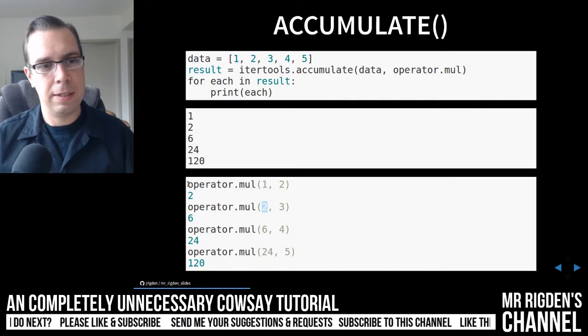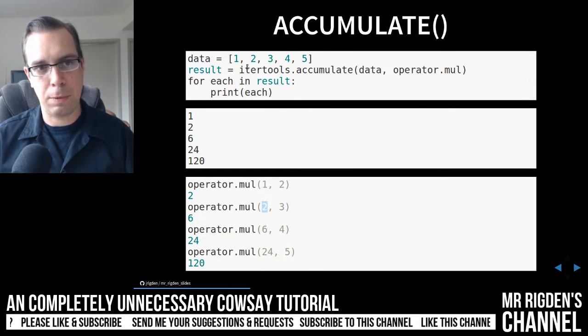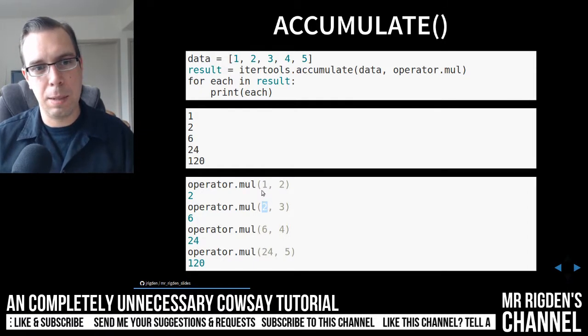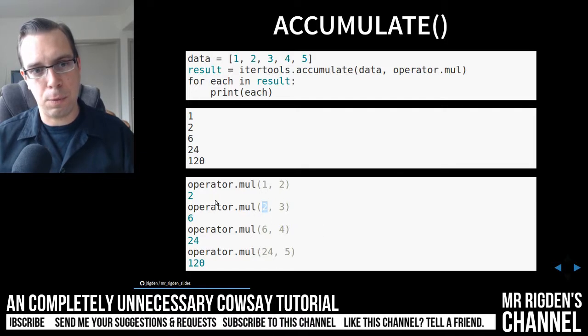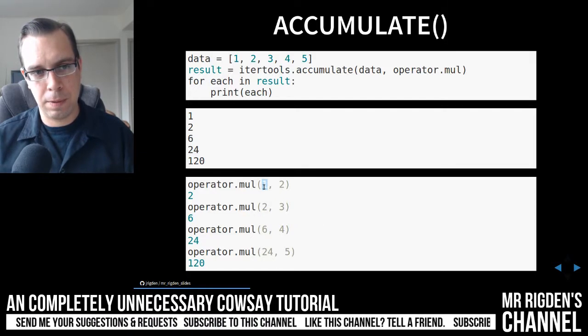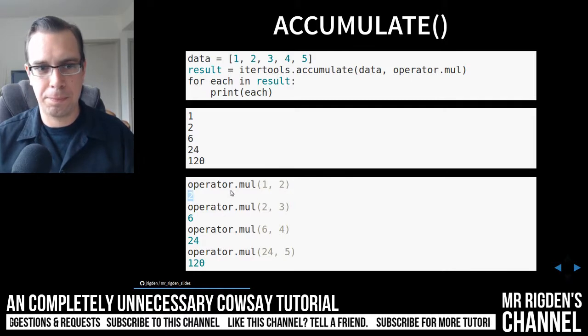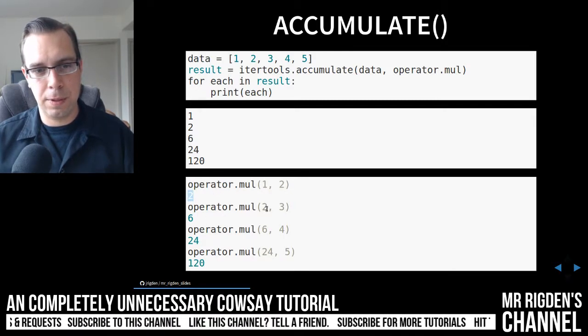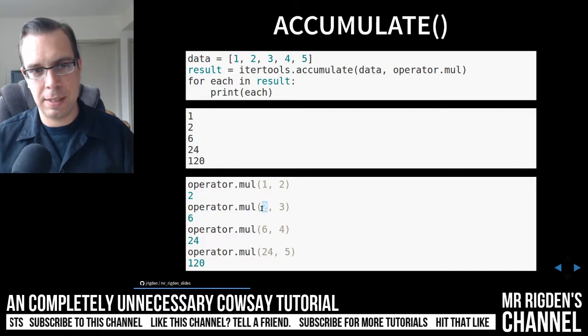Our first run is 1, but then we use that 1 for the 1 here, and the 2 for here, which of course equals 2. This 2 becomes the first argument in the next run with the 3 from the list.